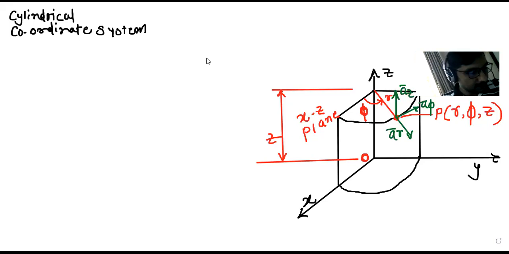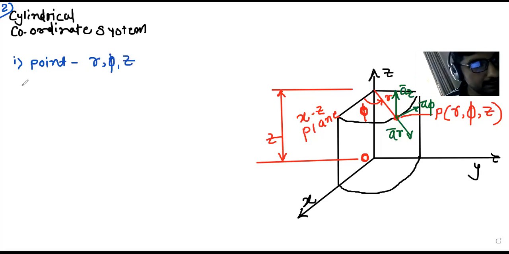Now I'm writing the characteristics. Of course, this is going to be the second type of coordinate system. Number one, point. Yesterday it was X, Y, Z. Now here it is R, phi, Z. These are the points.